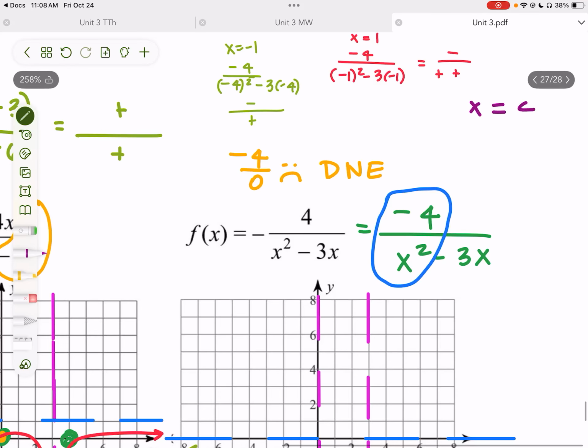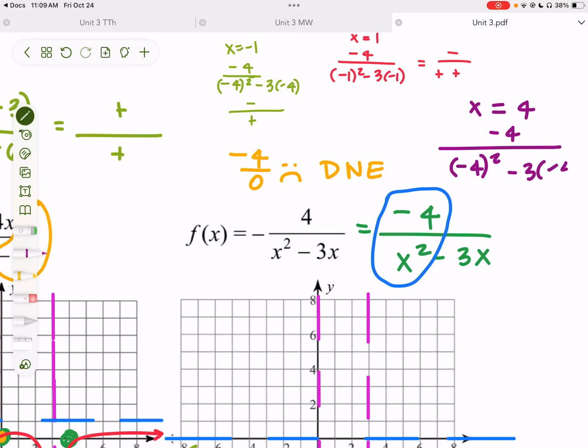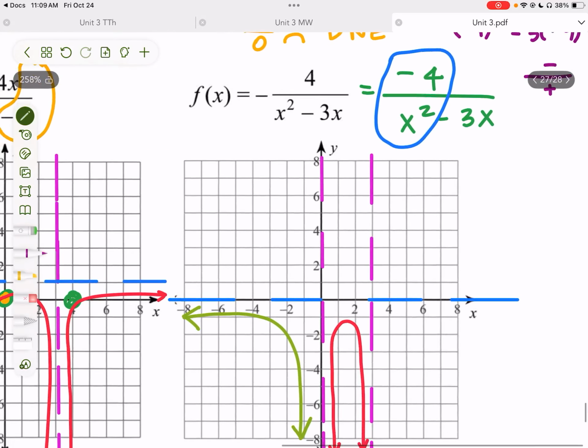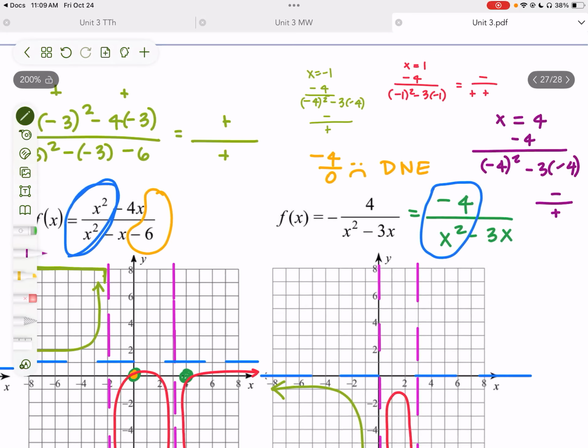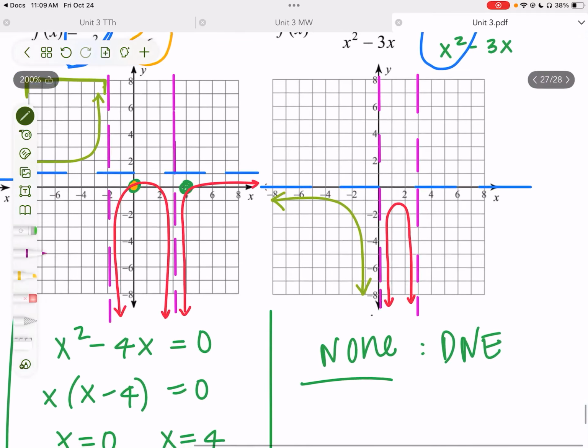So if x equals 4, we have -4 over -4 squared minus 3 times -4. And that'll be a negative and a positive. So I was right. So that's going to be, oh, it's going to be negative. Interesting. Okay. That caught me by surprise. And that's a great example of why you shouldn't guess.